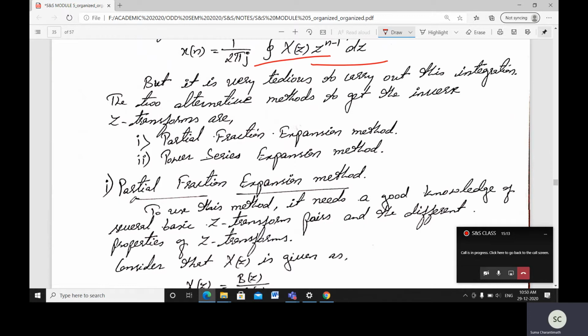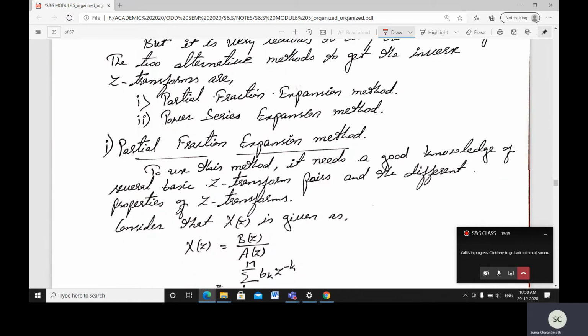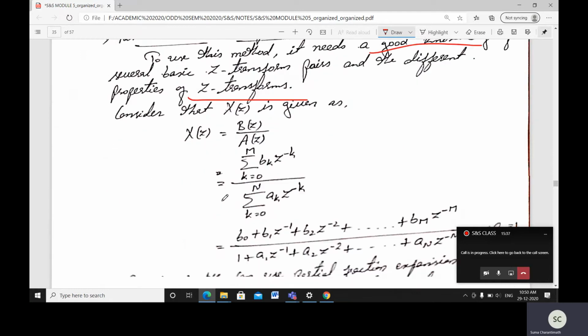If I go with the partial fraction expansion method, to use this method it needs a good knowledge of several basic Z transform pairs and different properties of the Z transform. The basic pairs of a Z transform and the properties we learned have to be used while we use the partial fraction expansion method.